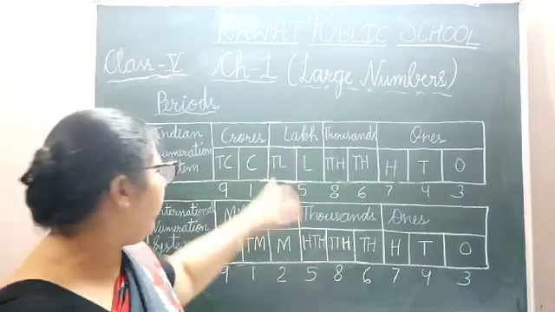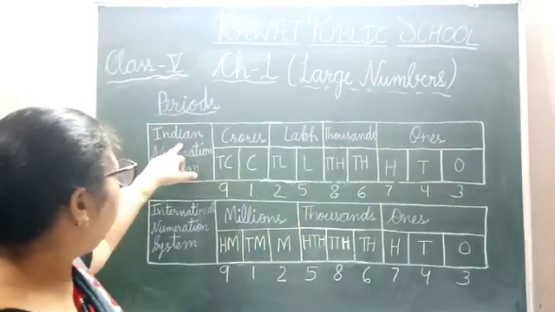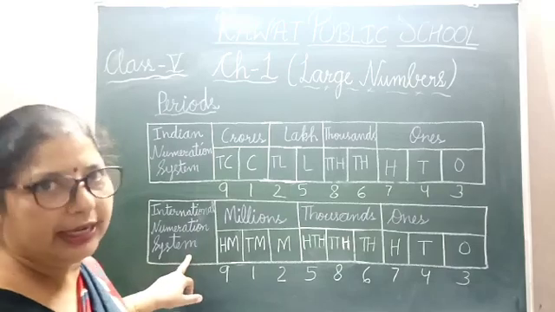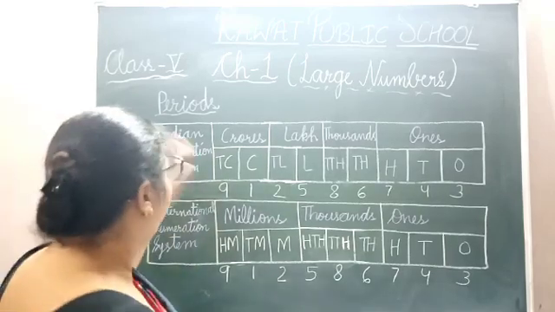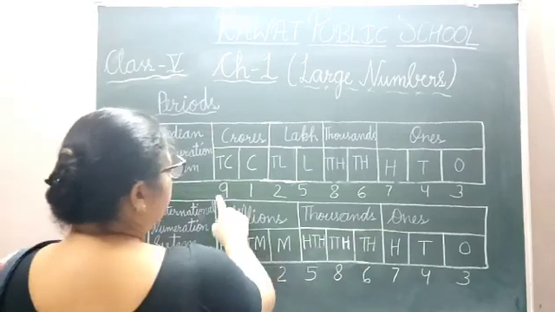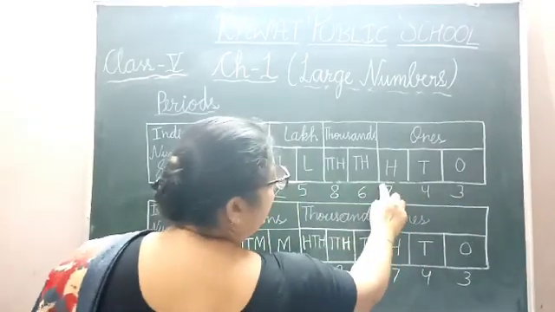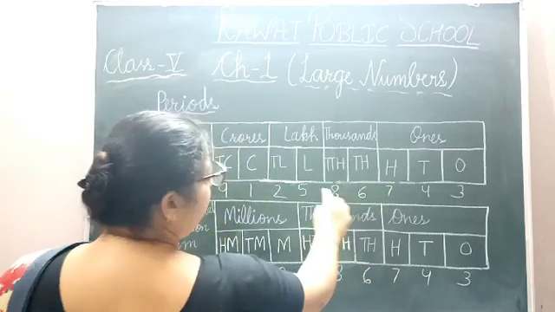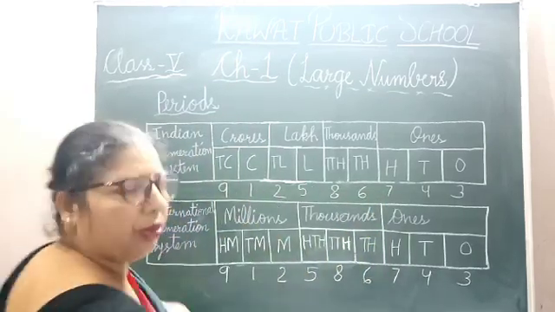We write the same number in both numeration systems. This is the Indian numeration system and this is the international numeration system. Now in the Indian system we read this: ones, tens, 100, 1000, 10,000, lakh, 10 lakh, crore and 10 crore.